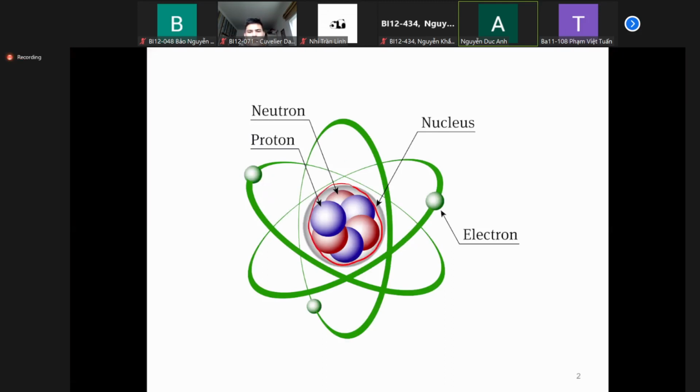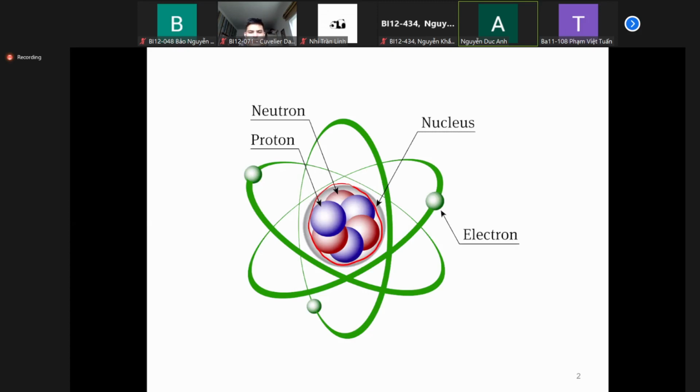So the question arises: the electrons are moving around, does this mean they move at an identical distance from the nucleus or at non-identical distances? So the story of the atom will be introduced to you.